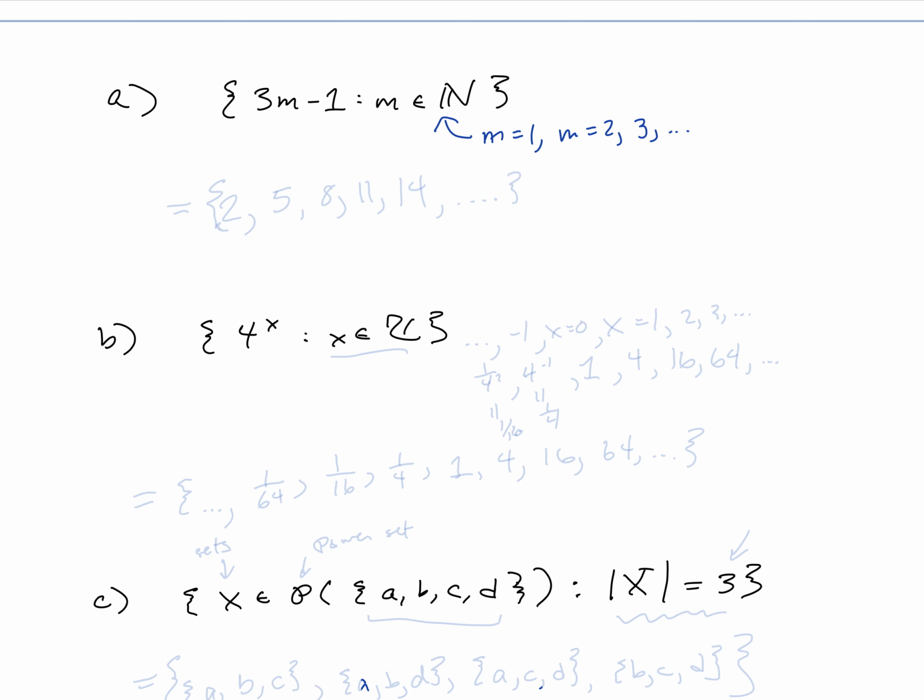All of the counting numbers starting with 1, or all of the positive integers. So if m is 1, then 3m minus 1 is 3 times 1, 3 minus 1, is 2. If m is 2, then 3m minus 1, 6 minus 1 is 5. If m is 3, 9 minus 1 is 8, and so on.